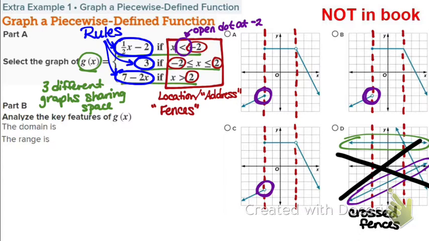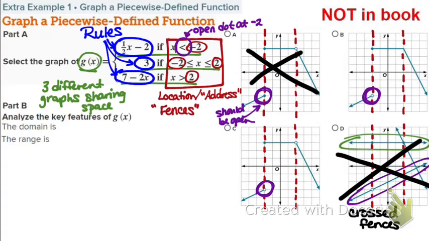B and C means I can definitely throw out graph A. This right here should be open. All right. So now I have to narrow it down between these two. What's the only difference between those two? Yeah.